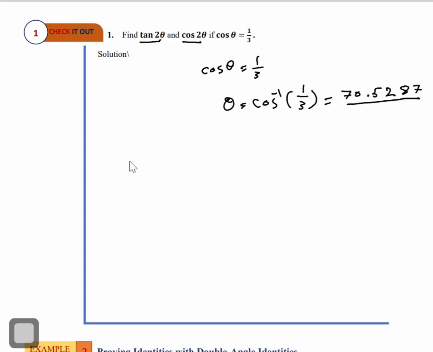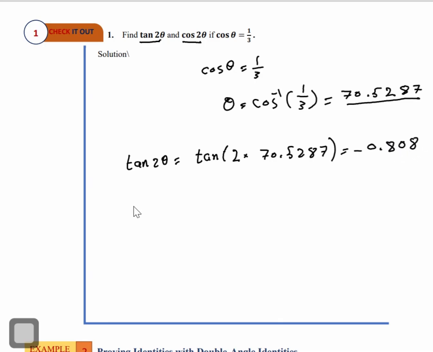So we have tan 2 theta. We substitute it: tan of 2 multiplied by 70.5287. Evaluated by a calculator, it equals negative 0.808.